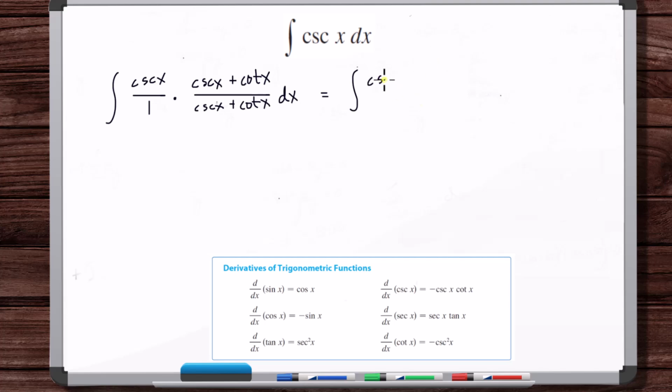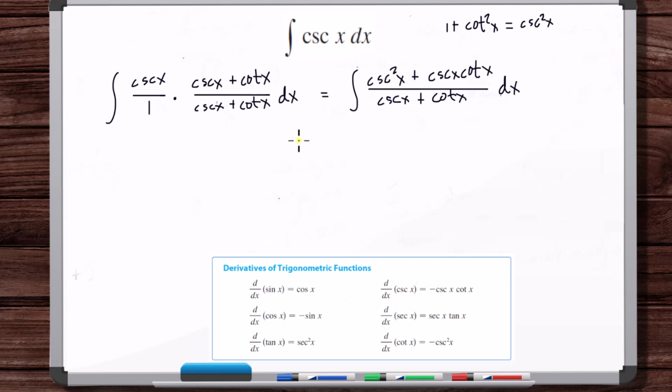We get cosecant squared x plus cosecant x cotangent x over cosecant x plus cotangent x dx. Now the main trig identity is 1 plus cotangent squared of x is equal to cosecant squared of x.